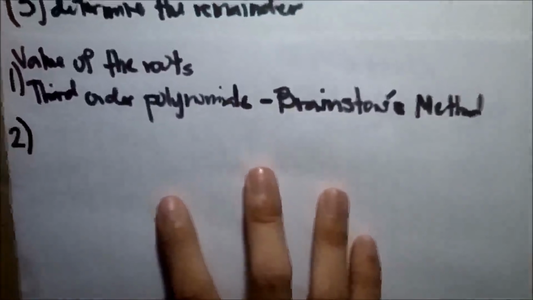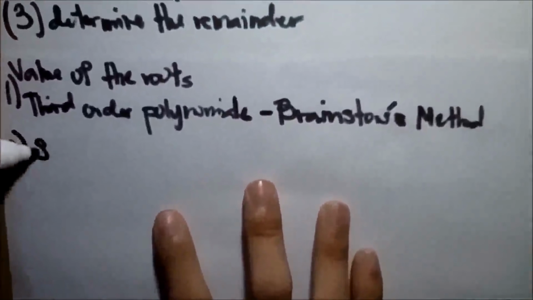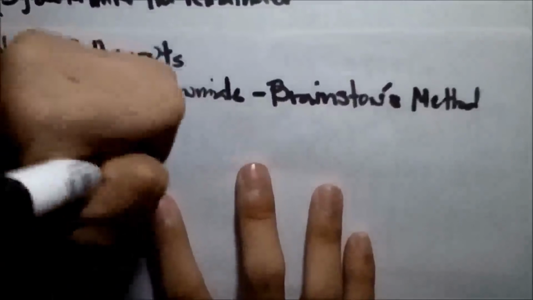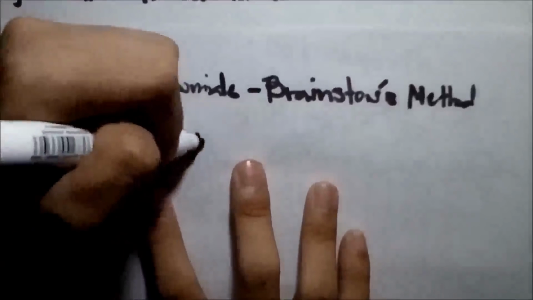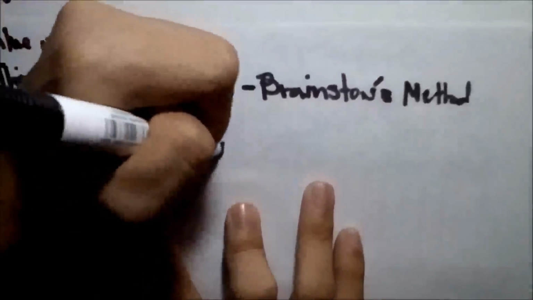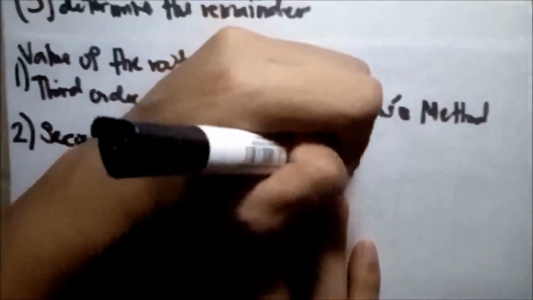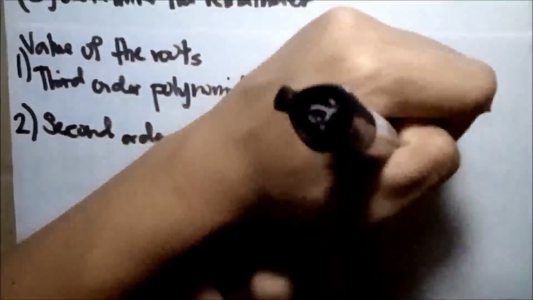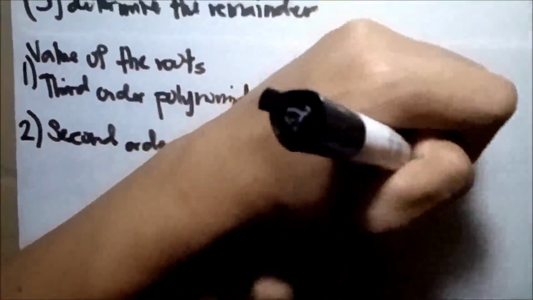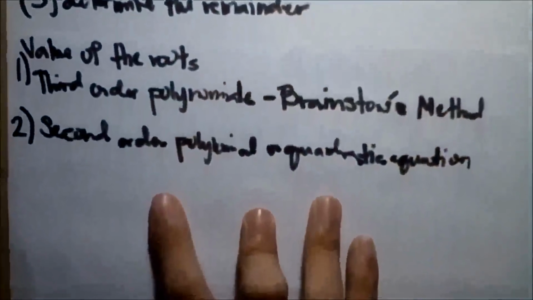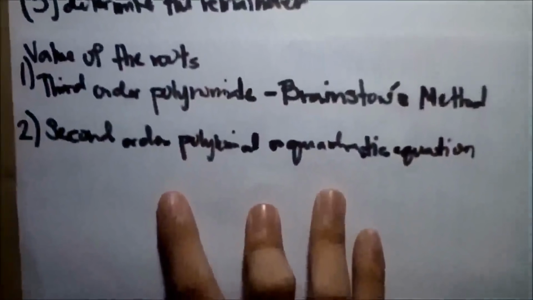If the final answer is a second order polynomial or quadratic equation, the first root is already given.